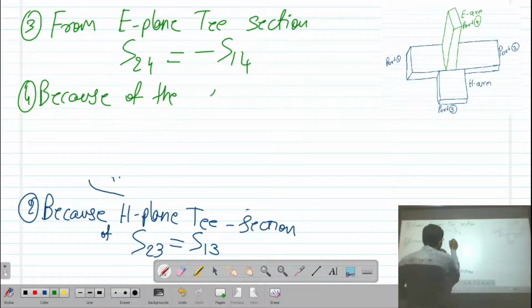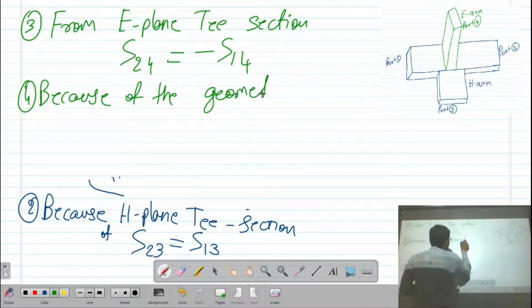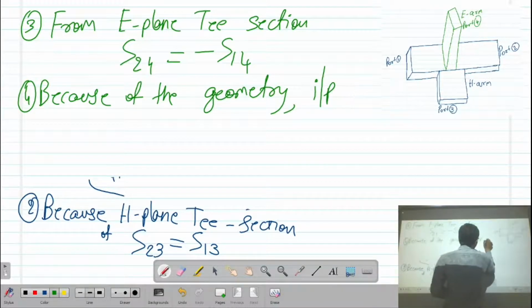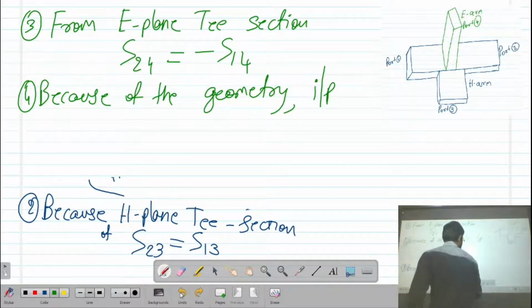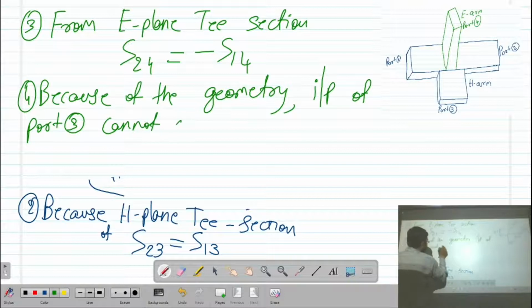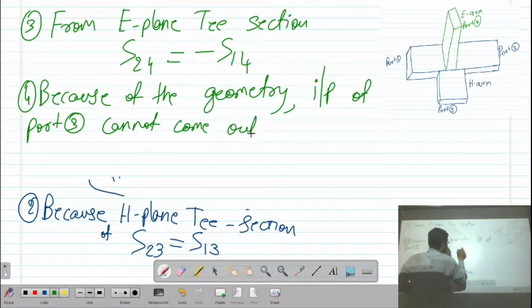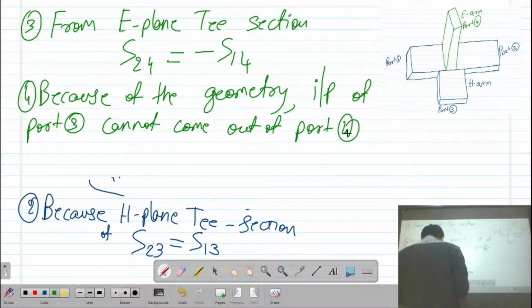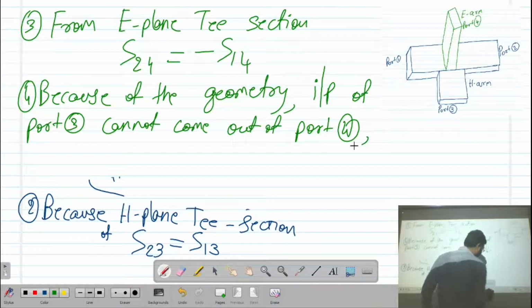Now number 4, because of the geometry, the input at port 3 cannot come out of port 4, since they are isolated.